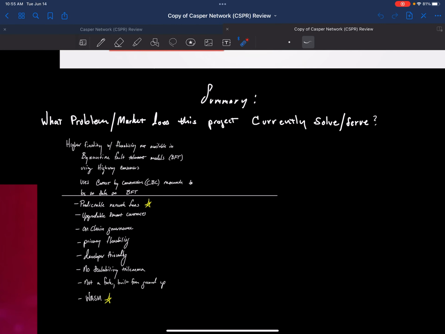Okay, so the summary: what problem, what market does this project currently solve, or what does it serve? It is a high finality blockchain L1 with flexibility not available in Byzantine fault tolerant models. Basically it's an L1, a trust computer.